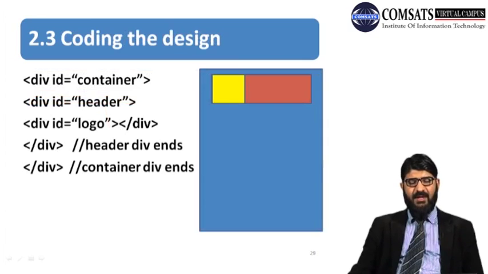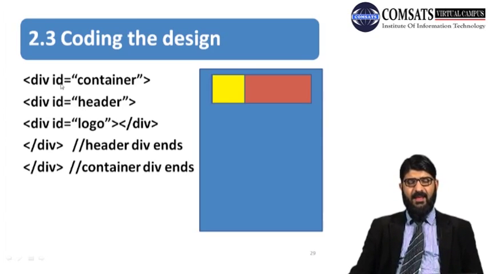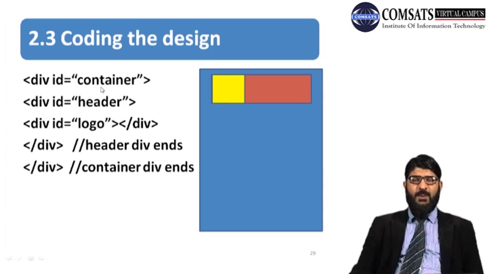Now the third concept, how to code the design. Here the div will also carry on while designing and then coding the design. First of all, we have to mention the div ID that we want to design, and as I already said, each div is basically a container.